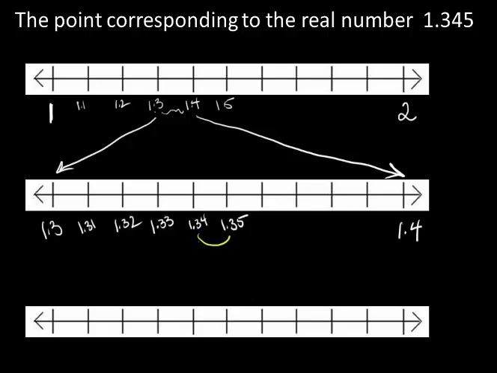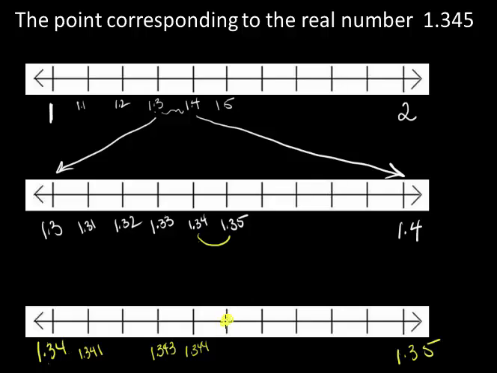So I zoom out again. And now this point down here I'll call 1.34, and this one 1.35, and divide that into 10 equal little pieces. Then 1.34 is here, and this is 1.341, and so on, 1.342, 1.343, 1.344, and here we are, right here.